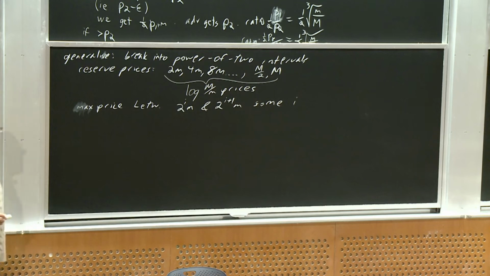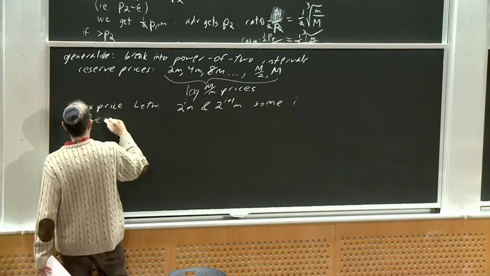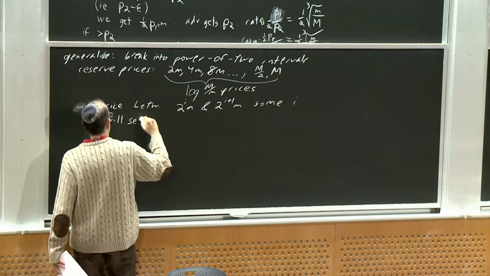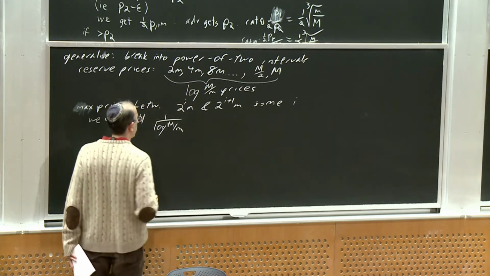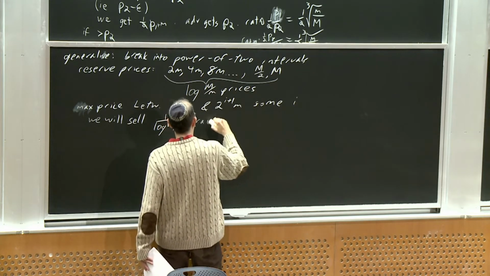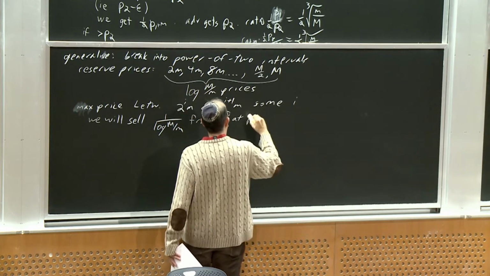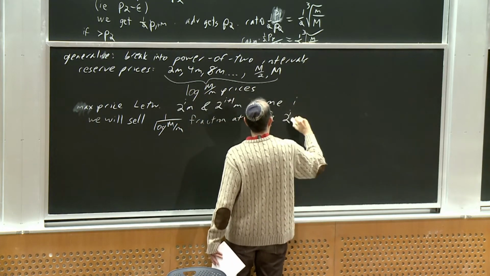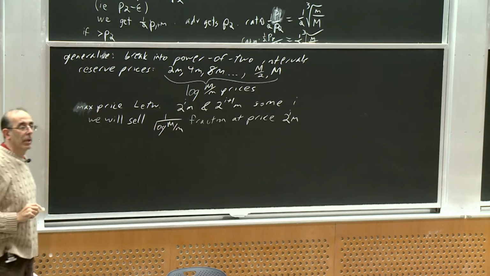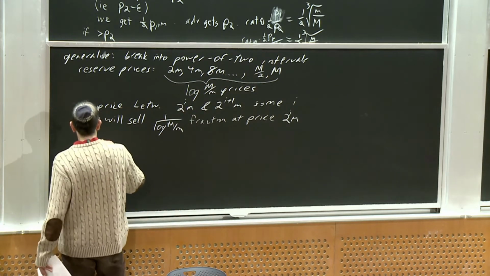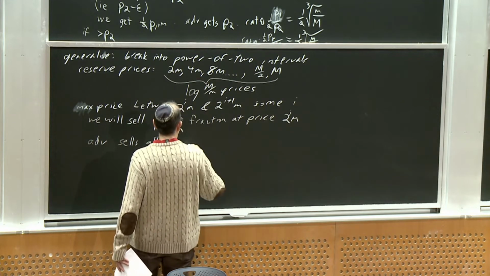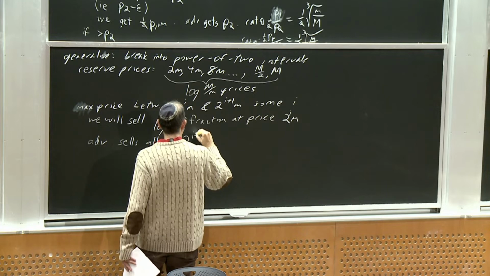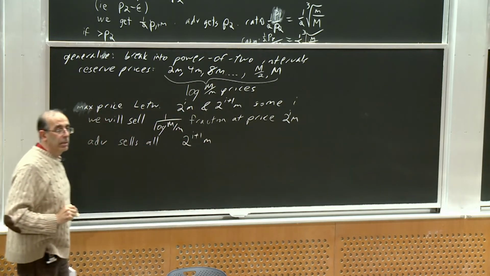And that means that we will sell a 1 over log m over m fraction of our total at price 2 to the I times little m. Whereas the adversary, knowing the future, will sell all at the highest possible price, which in the worst case is 2 to the I plus 1 times little m.